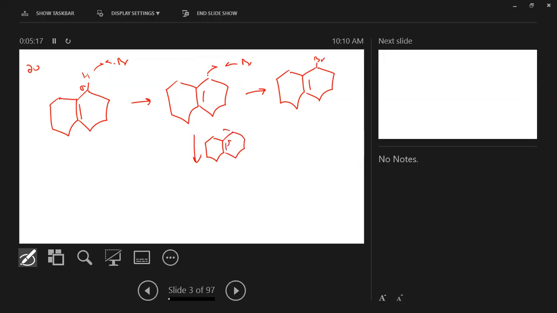Yep, you're just going to move the double bond. If you do that, you'll be left with this here, and now this one can go get a bromine.